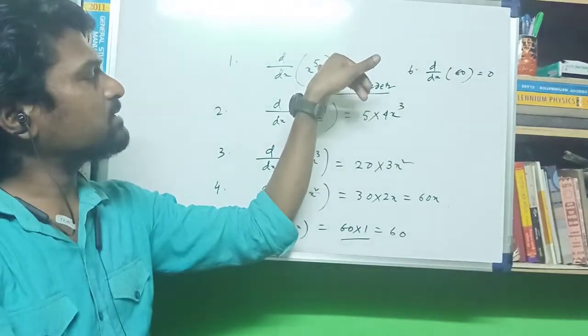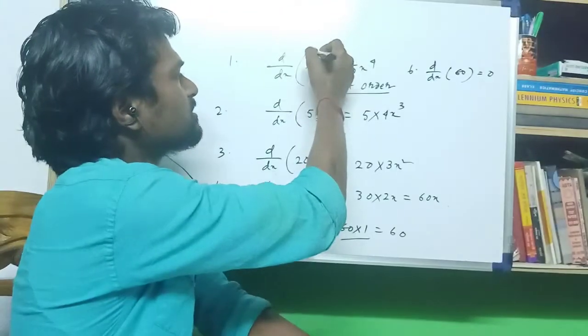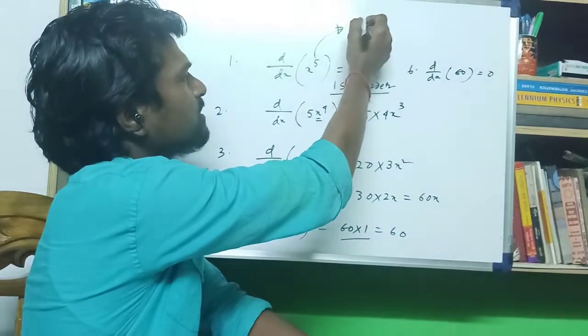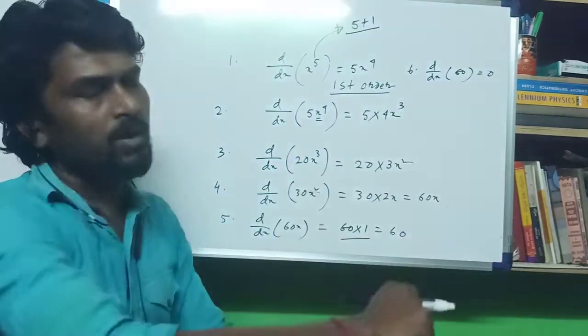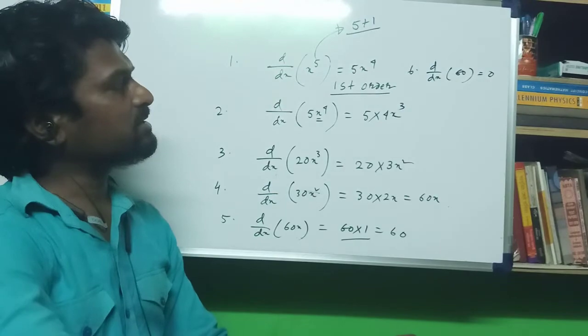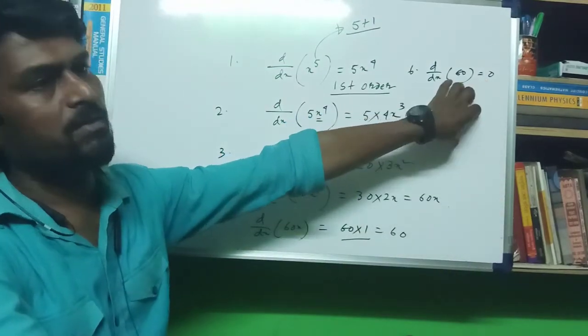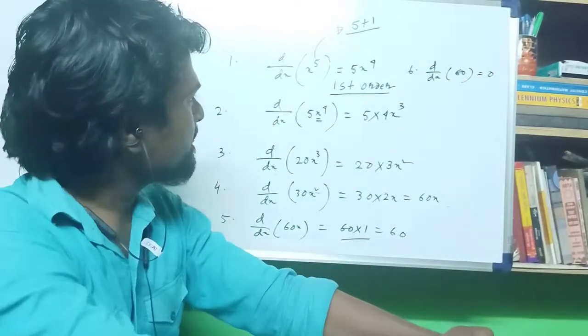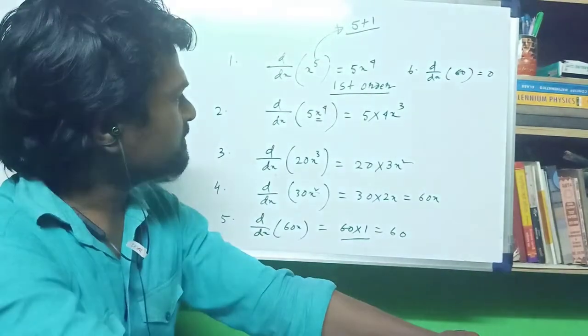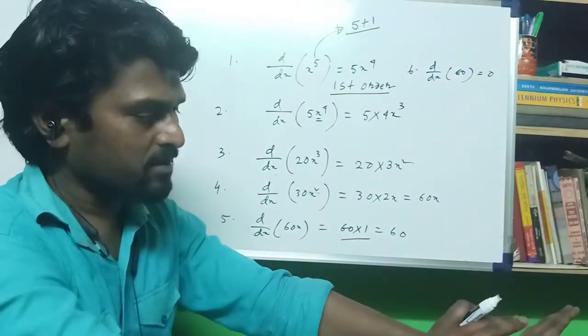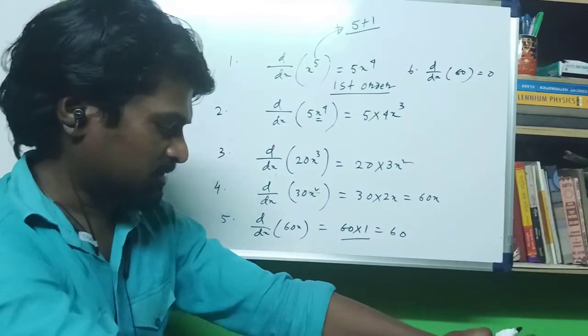If the power is 5, it is derivable up to the fifth order and then vanishes. The seventh derivative is not possible. So the differential operator works on a particular function.